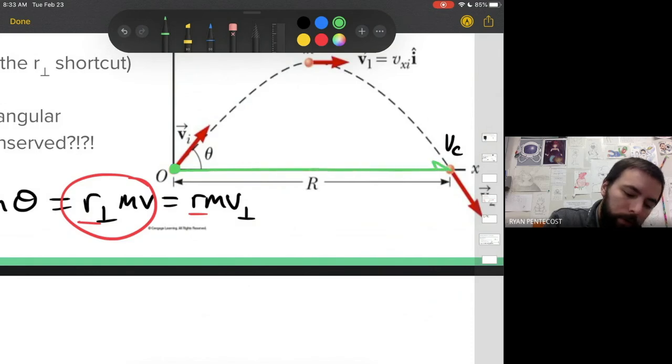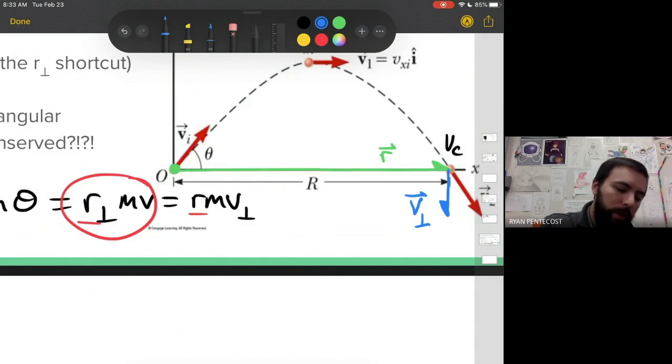Radius vector here. We will use the range equation to do that. But then we are going to find the perpendicular velocity vector.